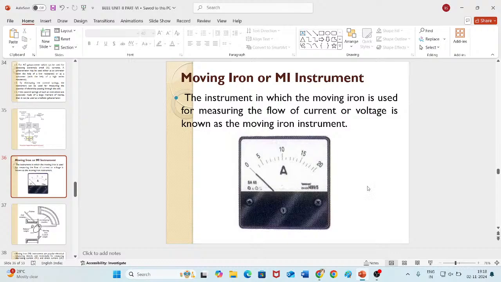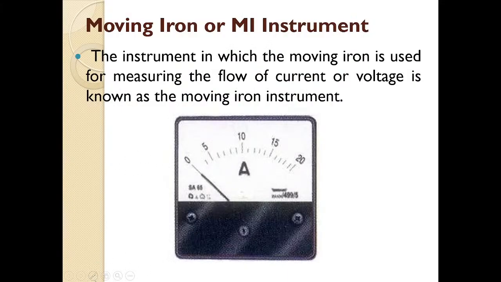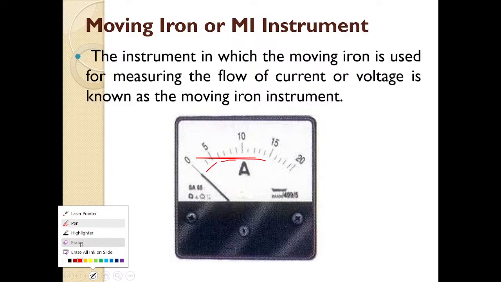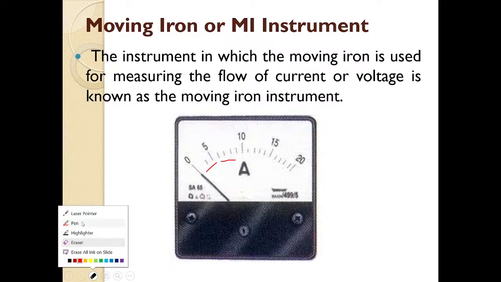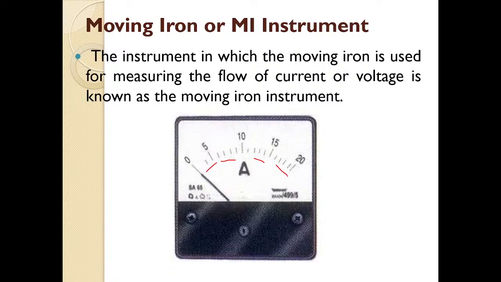Now just observe the scaling of this ammeter, which I'm showing you here. I will just expand the screen. Observe the scale of this moving iron instrument from 0 to 5, 5 to 10, 10 to 15, and 15 to 20.